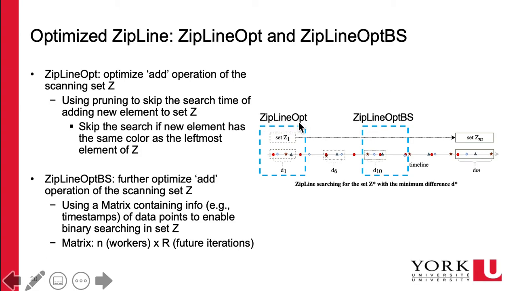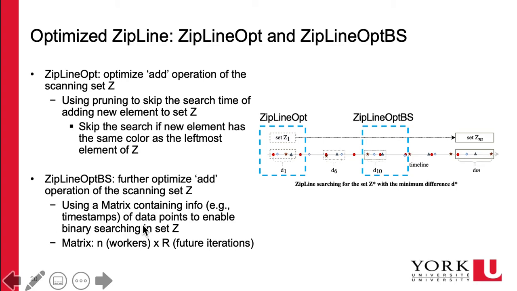When we add the red dot into the set Z, we check the leftmost point. Is this red? If it is, we are not going to scan through D to find the same color, since the last one is the same color. Then we add this red in, remove this red out.